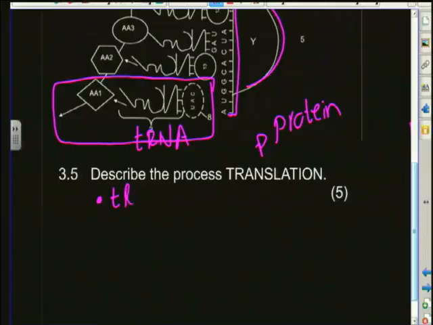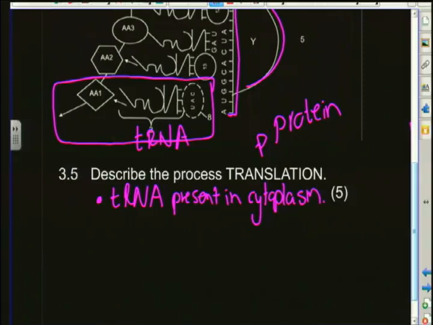What do I have? I have a tRNA present in the cytoplasm. Okay, there we go. That's what I just said. I've got a tRNA. What's attached to the tRNA?